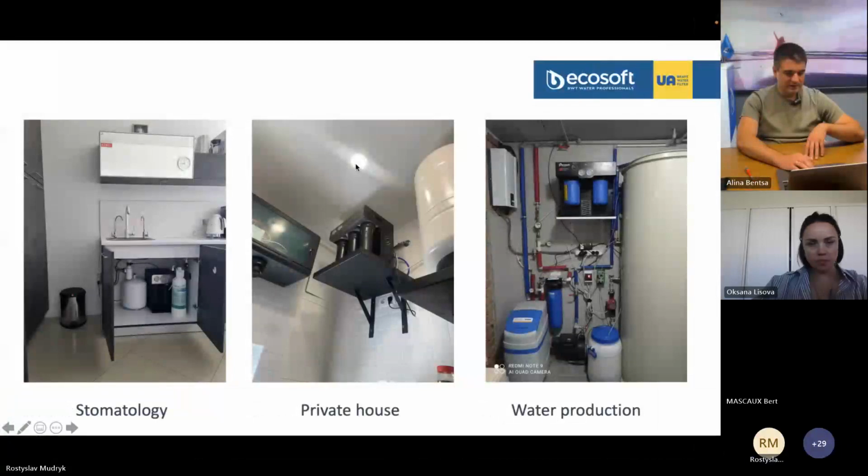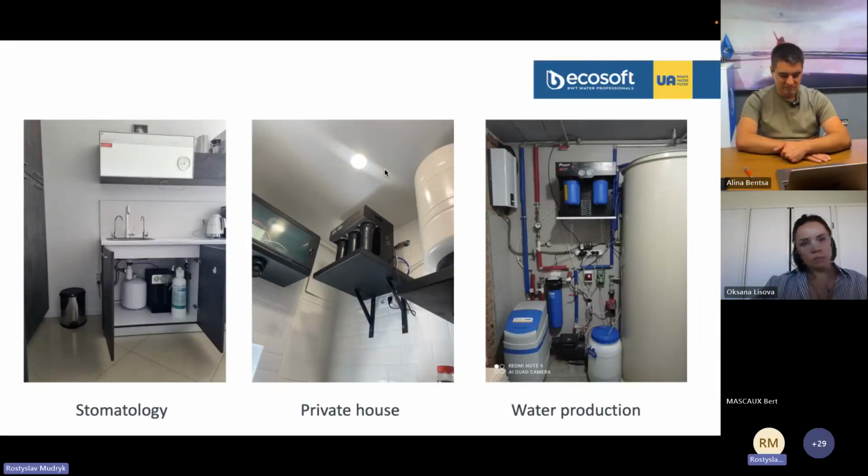Then the private house. I think I will jump to this second application. In the private house, this is the photo in the middle. The Robust Pro may be used for large kitchens with a variety of devices.